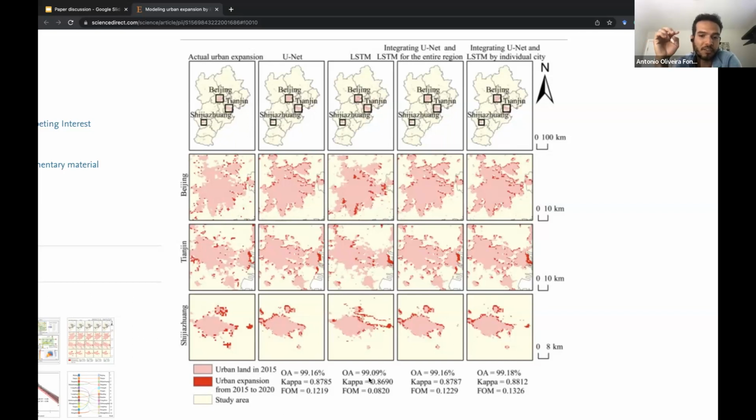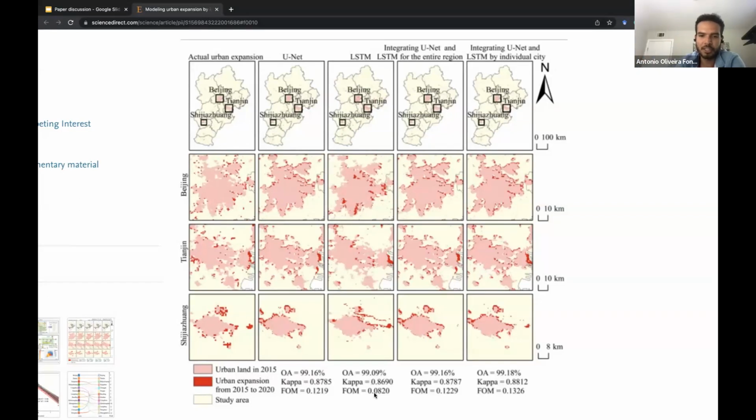For example, the information from your neighboring pixels seems to matter the most. If you have one pixel that's super far away from the current urban area, most likely it's still going to be not urban.